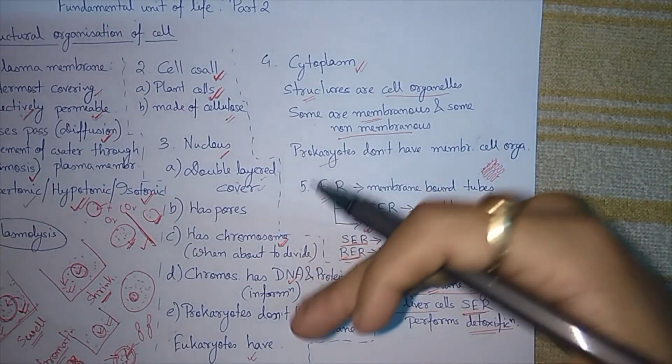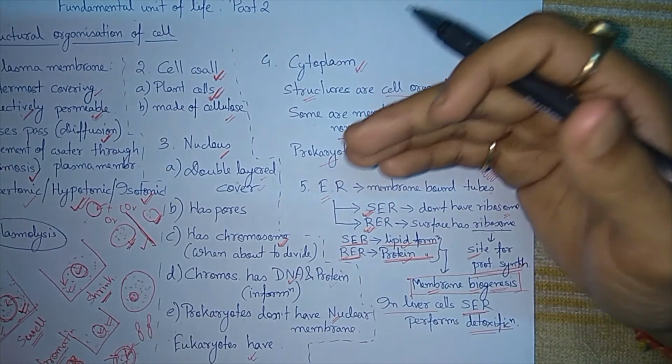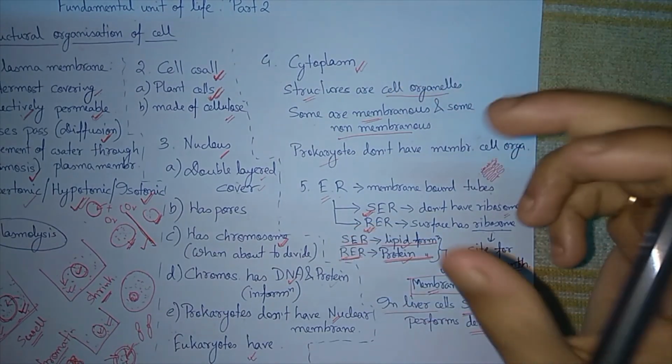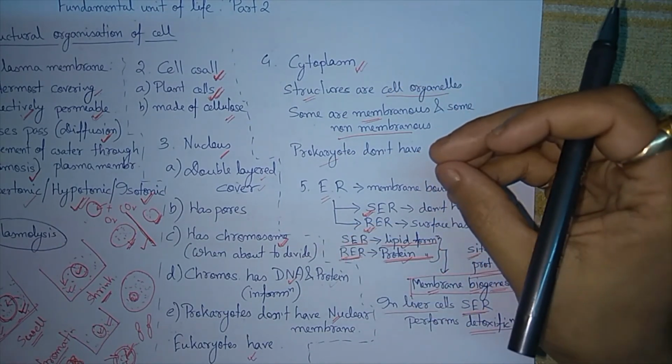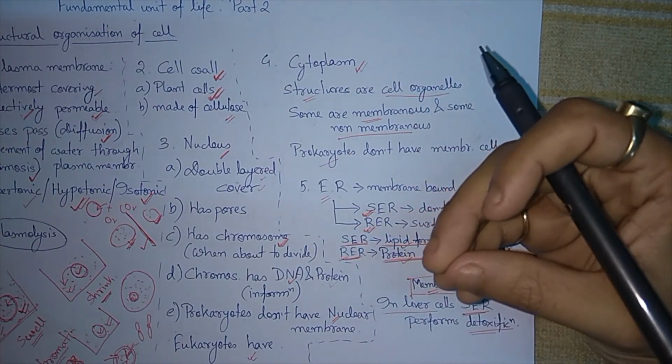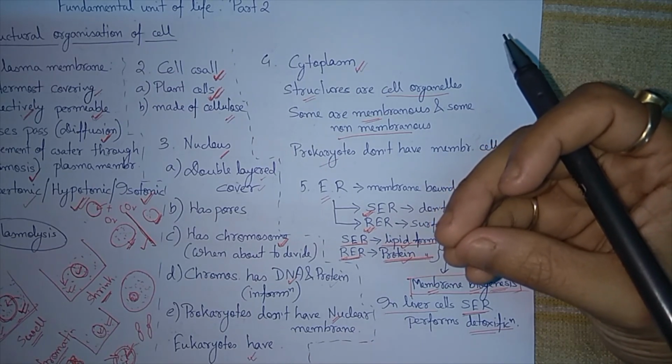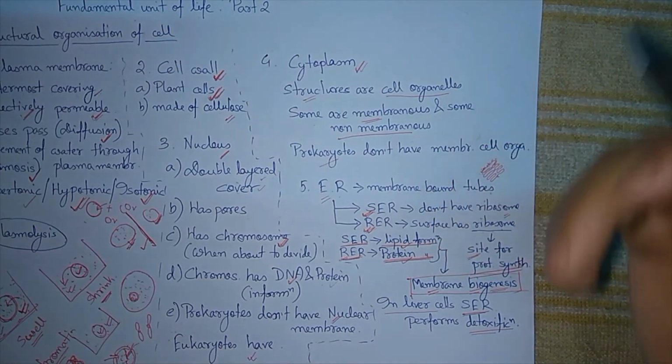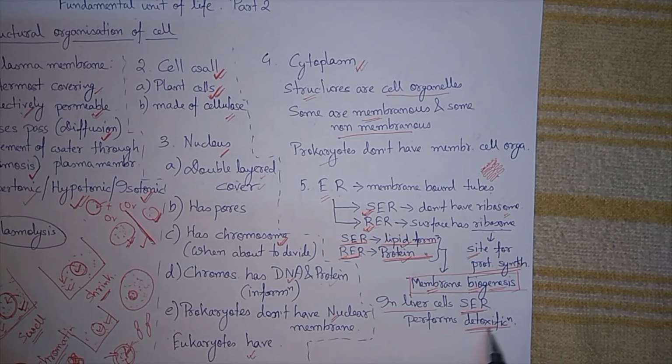It helps in elimination of these poisonous or harmful chemicals from your body. That's why if a person consumes alcohol daily, his liver is the first organ which gets damaged, because liver helps in detoxification due to the presence of SER.